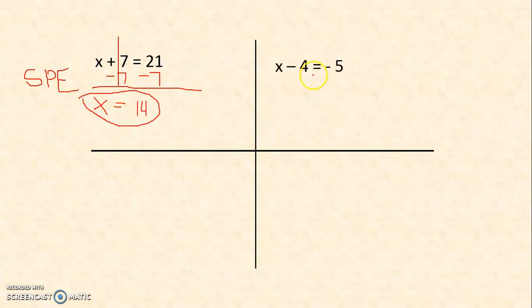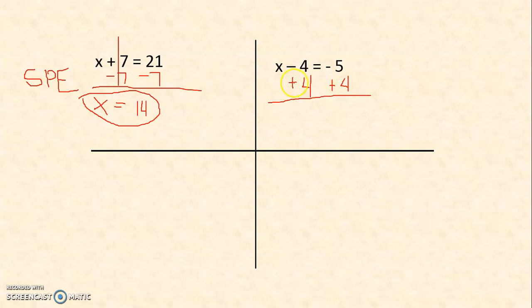The next one we have here, x minus 4 equals negative 5. The opposite of negative 4 is positive 4. So you're going to write positive 4 on both sides of the equation.